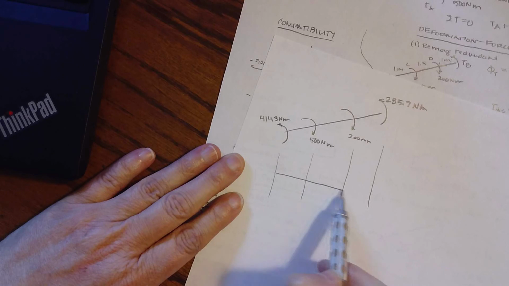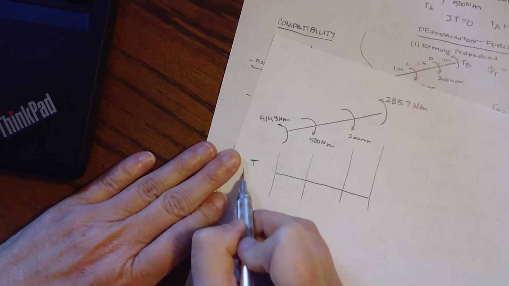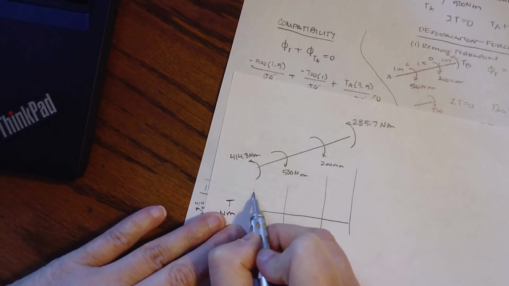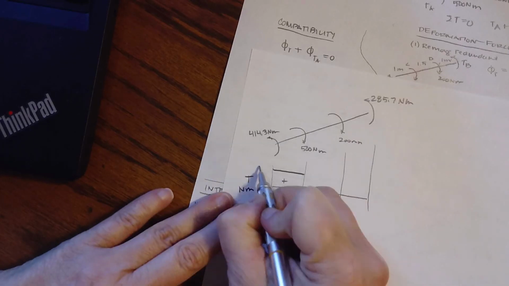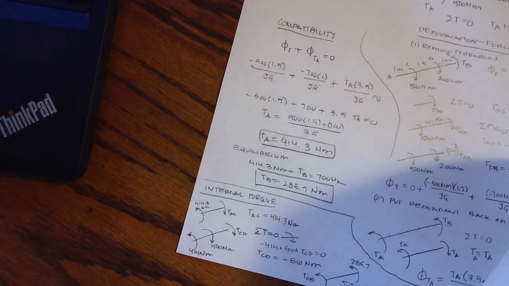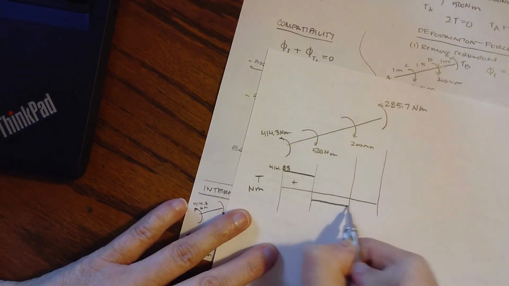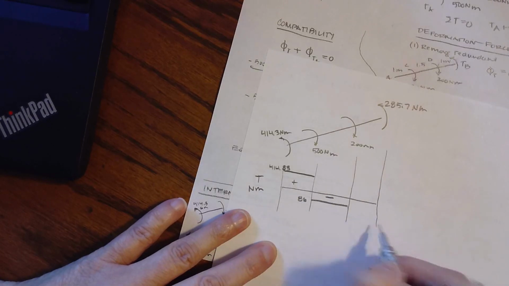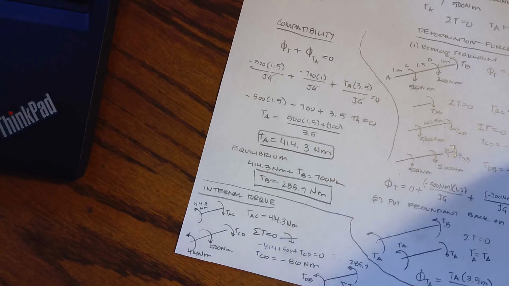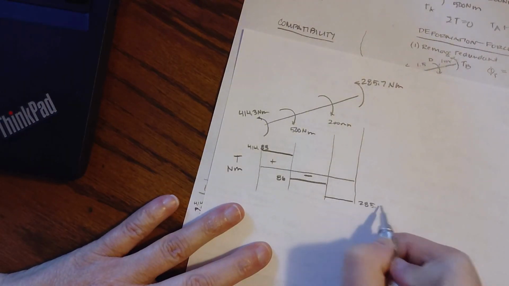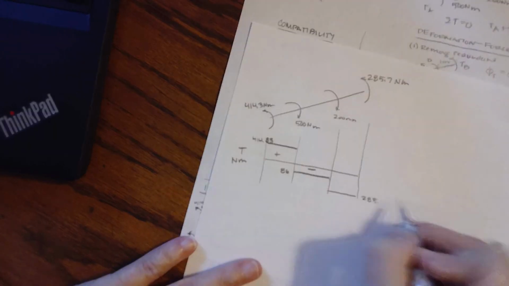And we calculated that internal torque, which is in units of Newton meters. I got from A to B a positive 414.3. And then from B to C, I had negative 86. And then from D to B, I had negative 285.7.